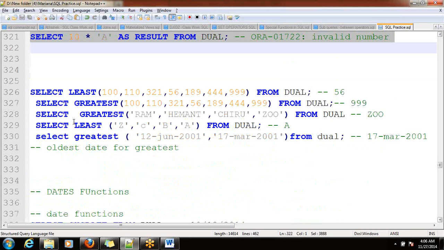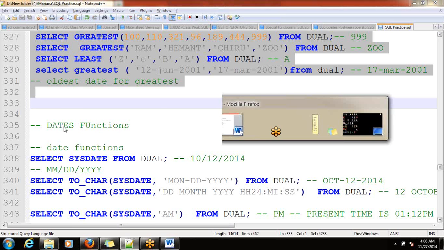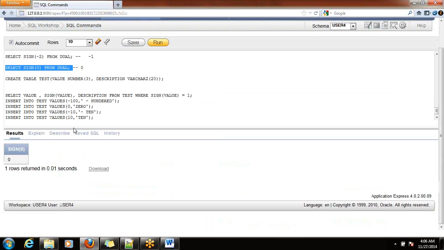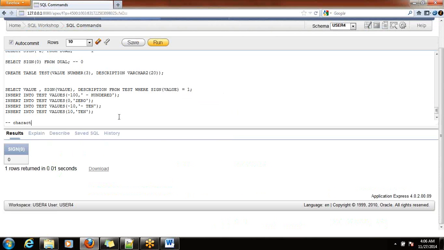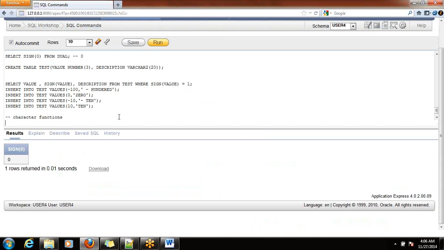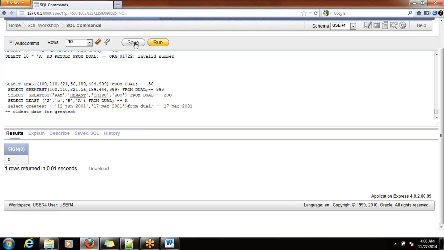Yes, which are simple things. I am writing here character functions.